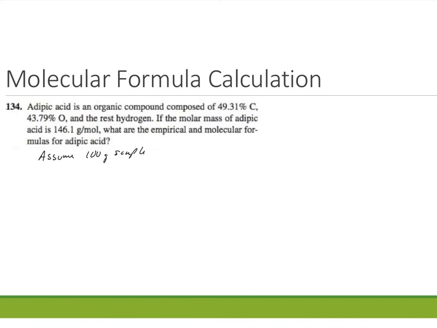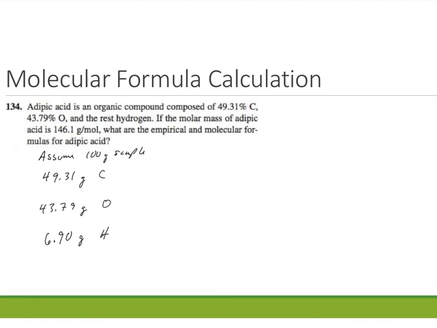Then what we get, instead of percentages, is masses. This becomes 49.31 grams of carbon, 43.79 grams of oxygen, and it says the rest is hydrogen. So if I subtract these numbers from 100, I get 6.90 grams being hydrogen.